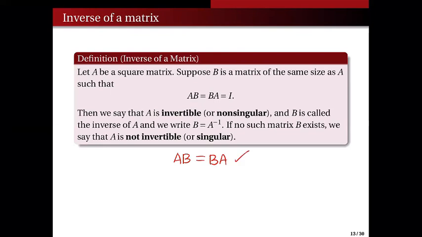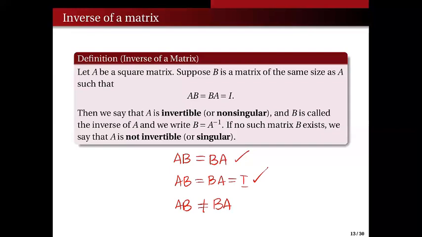And you will be able to find some matrices such that AB equals BA and they are both equal to I, which is also fine. And you will be able to find a lot of matrices where AB is not equal to BA. So these are all possibilities.